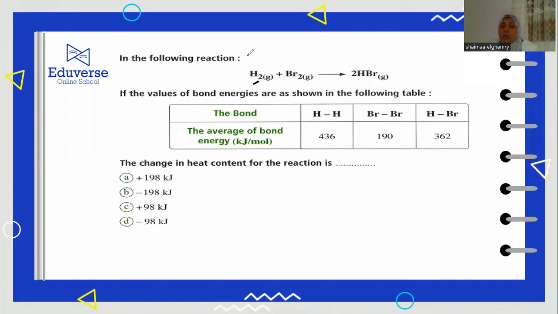What about the bonds? The bond between hydrogen and hydrogen is a single bond. Here bromine and bromine, also single bond. Here we have 2 molecules of HBr.